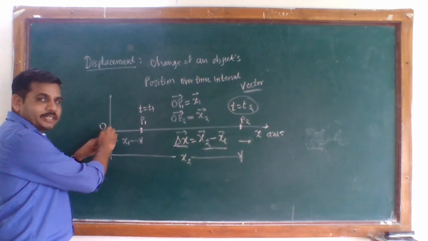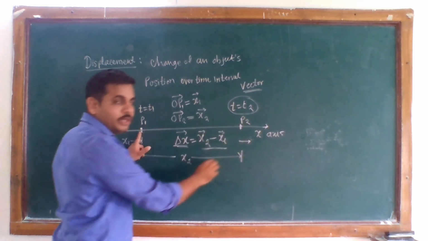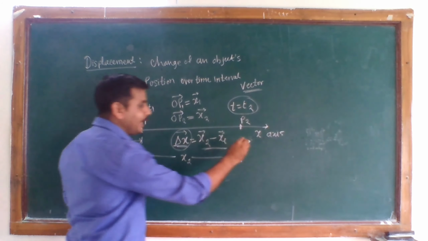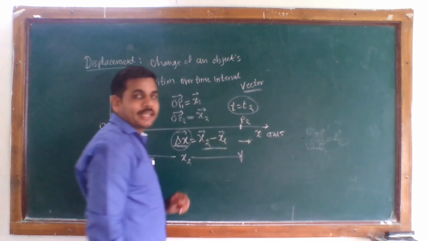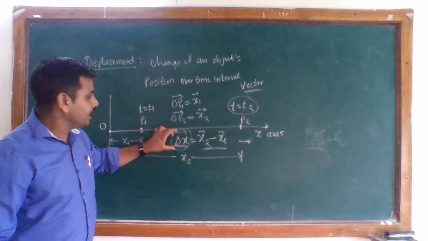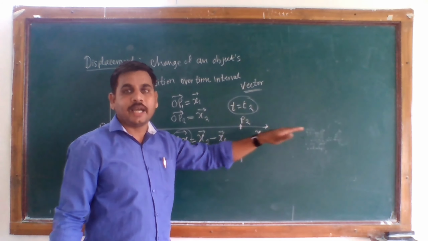So the car changes its position from the origin to P1, and P1 to P2, with magnitude delta x and direction along the x-axis. So this is a vector quantity: delta x gives the magnitude and the x-axis is the direction.